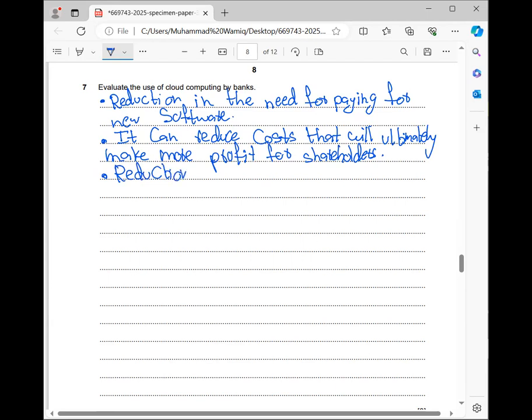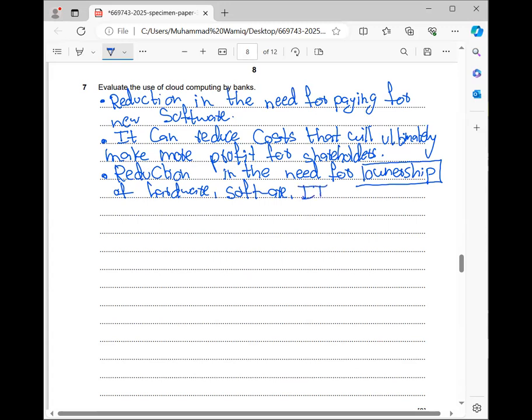Since there is a reduction in the need of paying for the software, at the same time, there is a reduction in the need for ownership of hardware, software, or IT services as well.